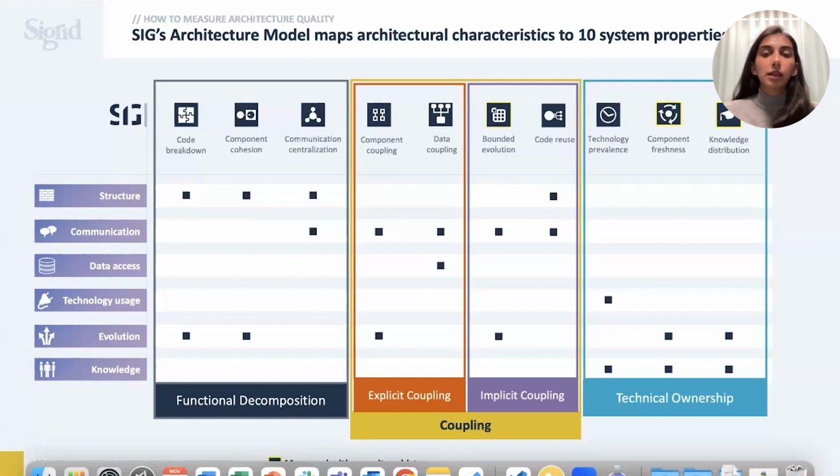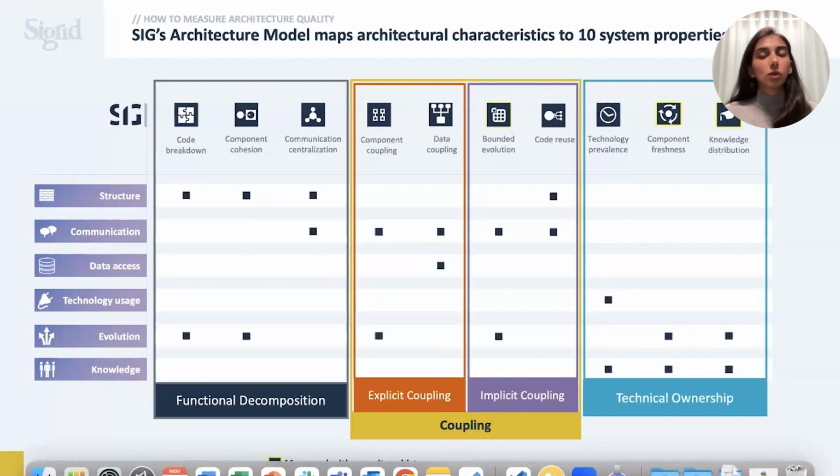Implicit coupling is when you do not directly see it, but it is there. For example, let's say there's a piece of code that's duplicated in component A and also lies in component B. Most probably, when you make a change in this part of the code, you have to make the change not once, but twice. Hence, there is an implicit relationship there.